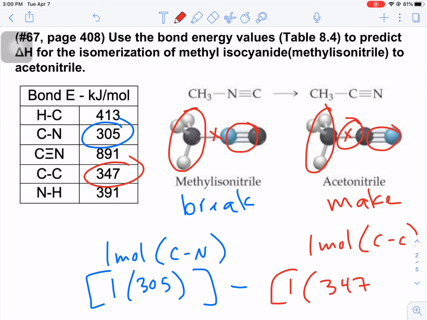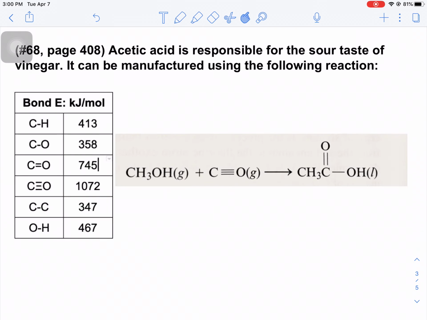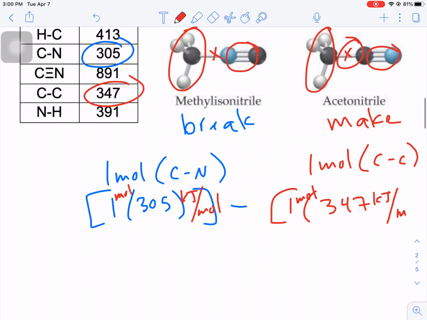Guys, I just want you to realize that this number 1 represents moles, so we're canceling out part of the kilojoules per mole. Same deal here. We have 1 mole, and it cancels just the bottom part of that unit. I'm running out of space over here, but you get the idea.